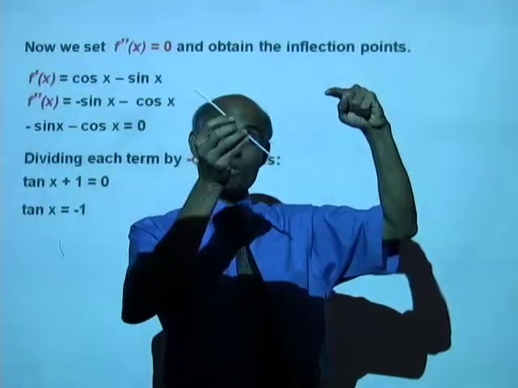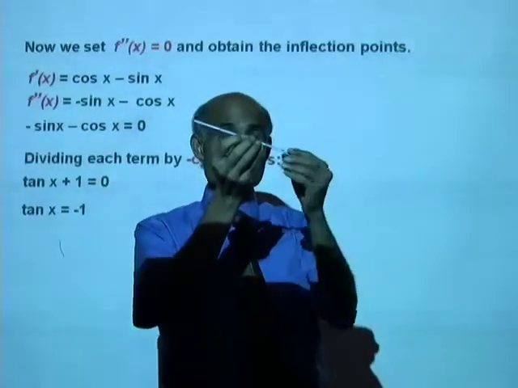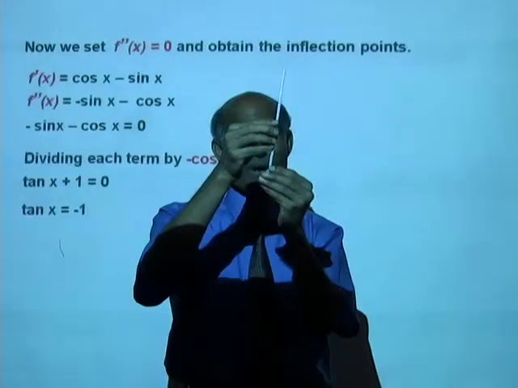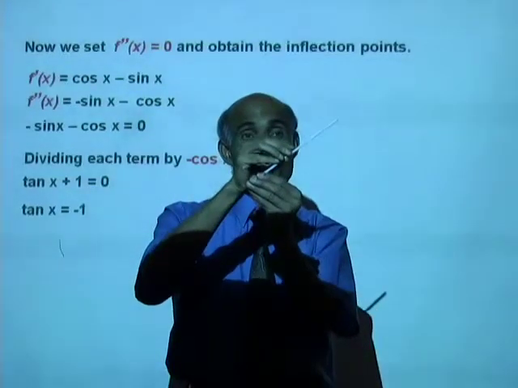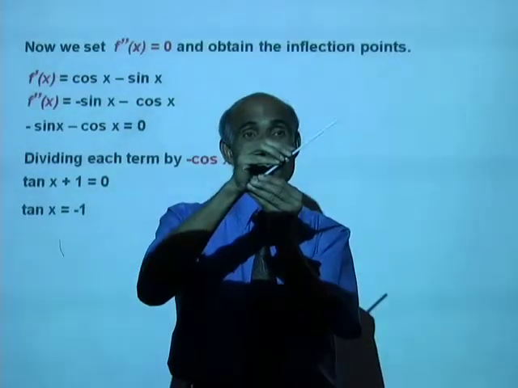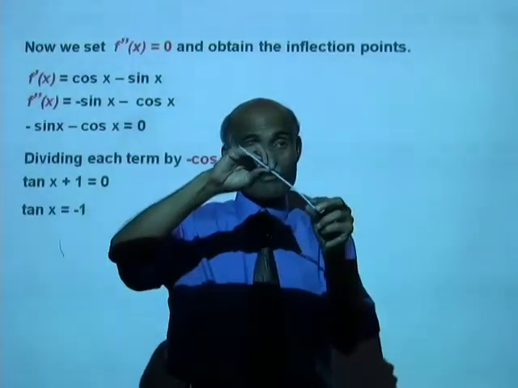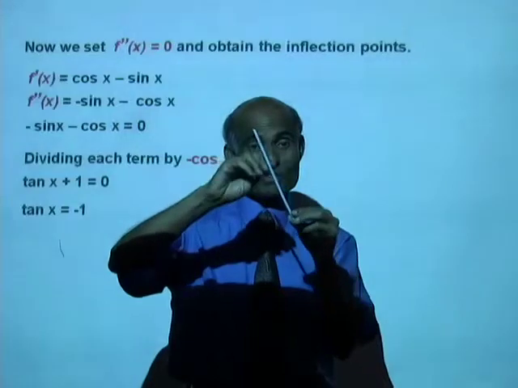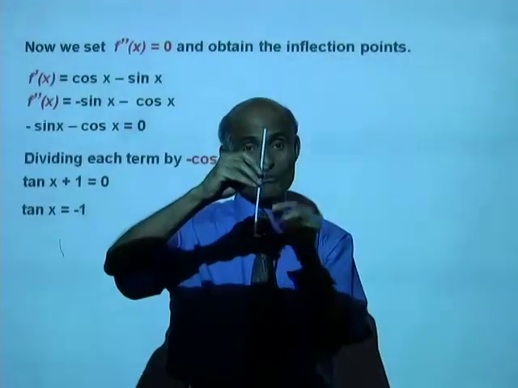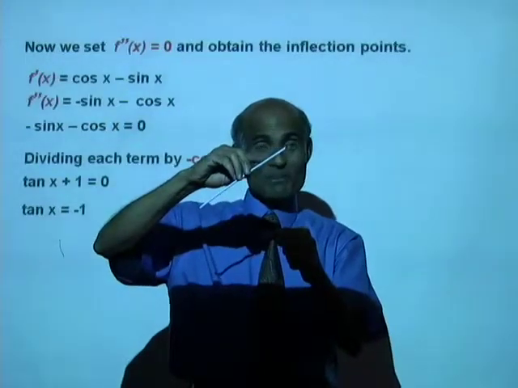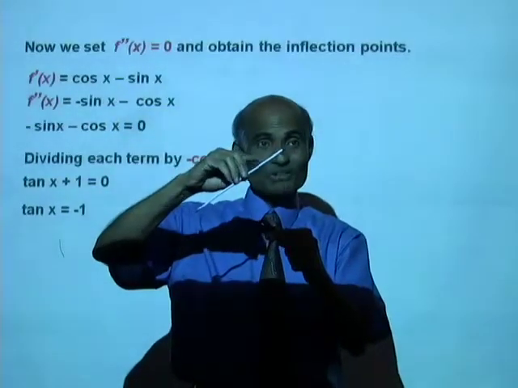And if you go systematically what I gave you, in the first quadrant is pi by 4, then 2 pi by 4, then 3 pi by 4 in the second quadrant, 4 pi by 4, 5 pi by 4 in the third quadrant, 6 pi by 4 is the same as 3 pi by 2, and 7 pi by 4 in the fourth quadrant.